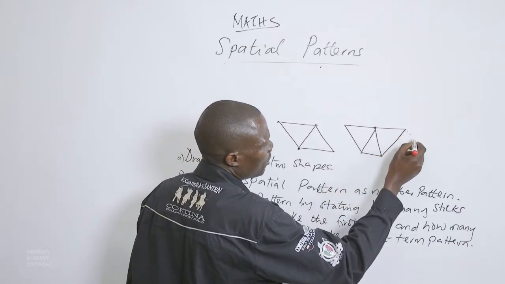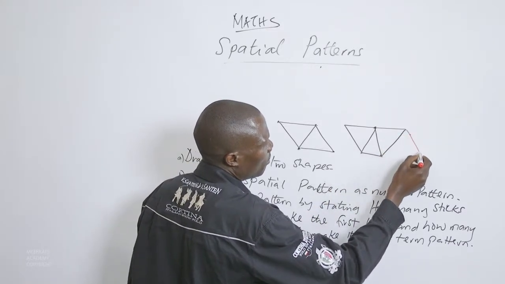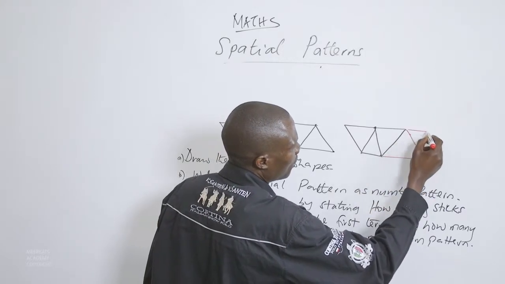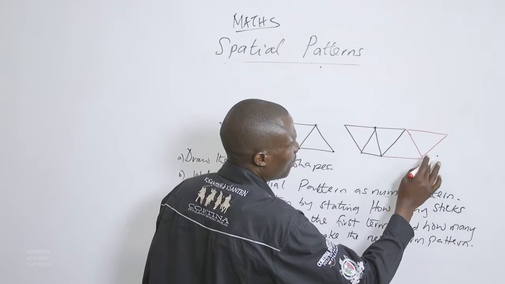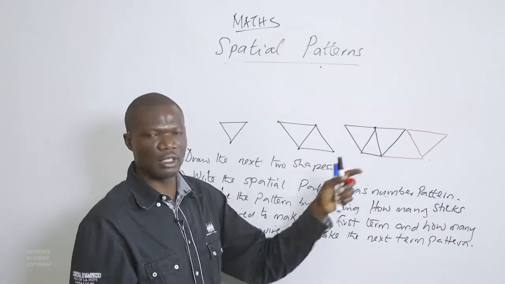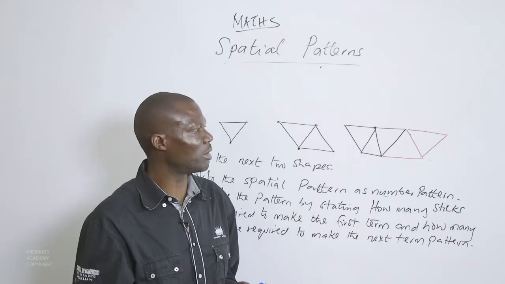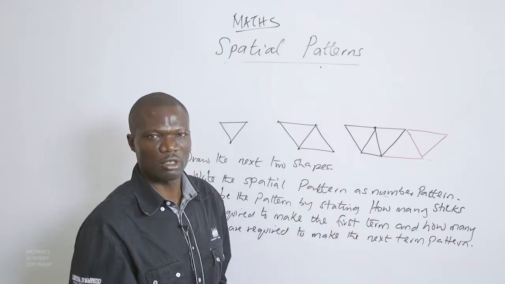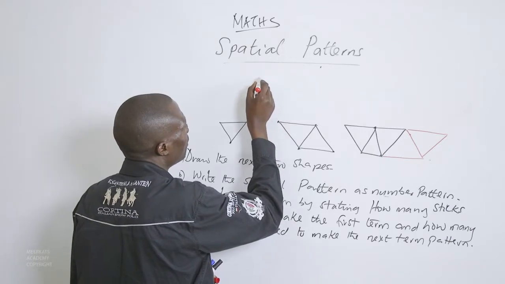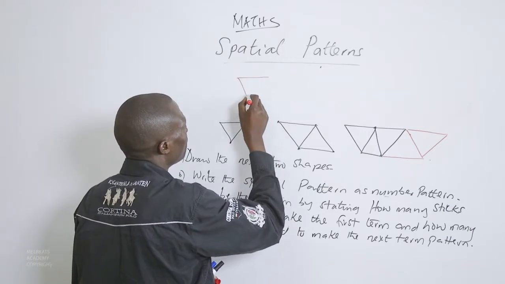So I expect the next one to have four triangles. If I may use a red pen, you will see what I'm trying to say. The red part is the one which is giving me the increase of the pattern. So that is what I expect to have. I'll expect you to have a pattern of this type.